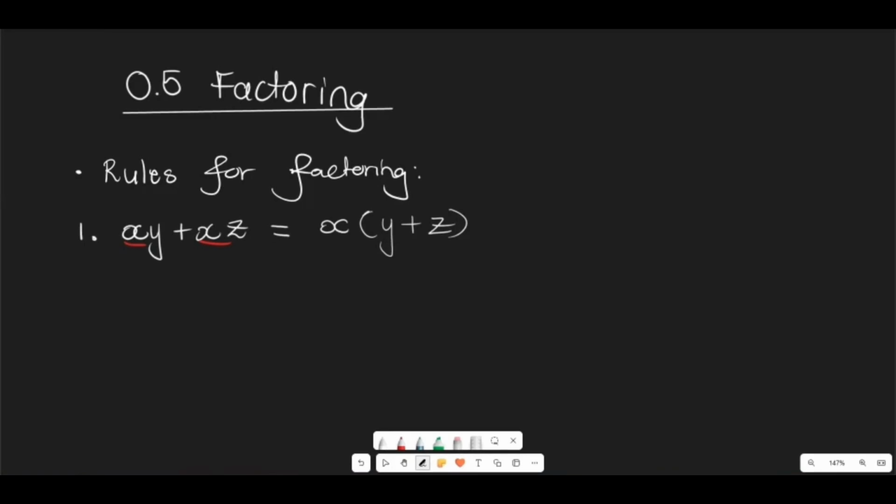And the second one that we would have, basically, is just the opposite of what we did in 0.4. We are factoring. We basically have an expression that we got from foiling. In the last chapter, we had two brackets that we had to multiply together.